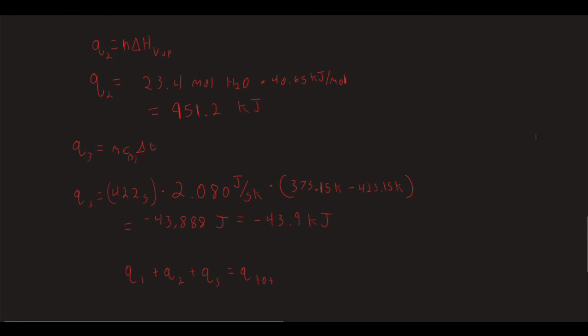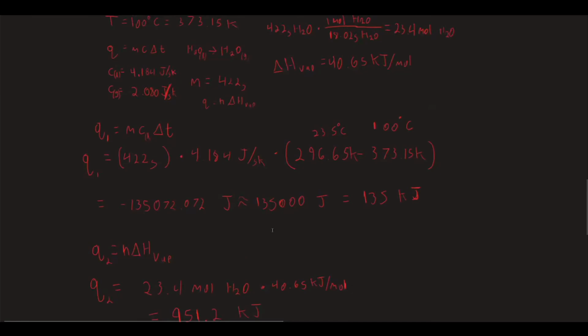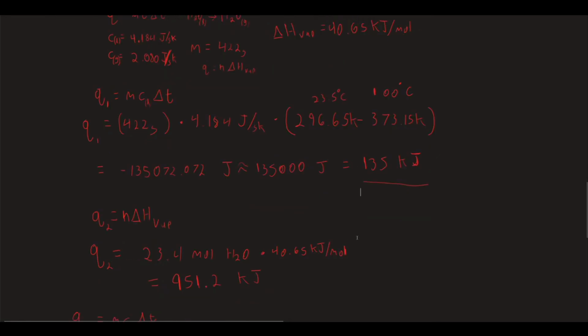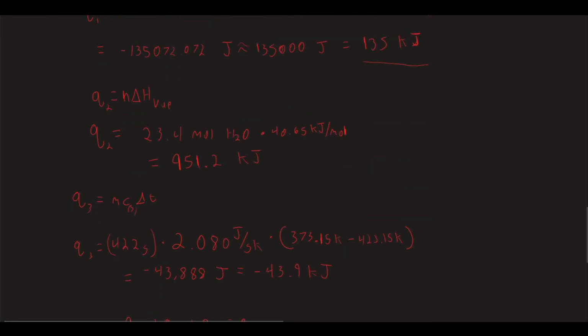Awesome. So at this point, we have 3 values for our Qs. We have our Q2, we have our Q3, and we have our Q1. Now I want to note that if you were to do this on any sort of standardized test, do not use this rounded number here.